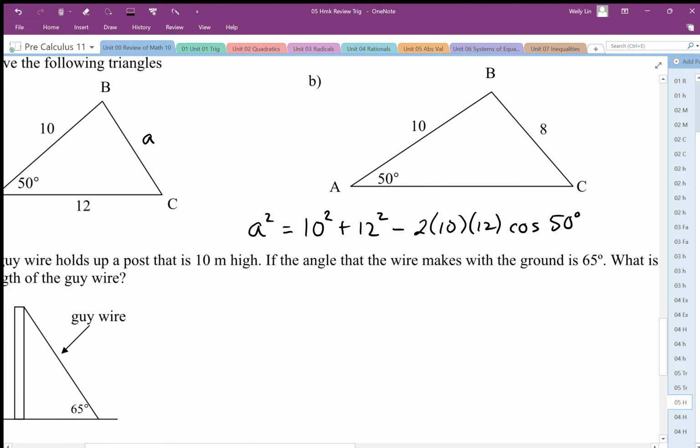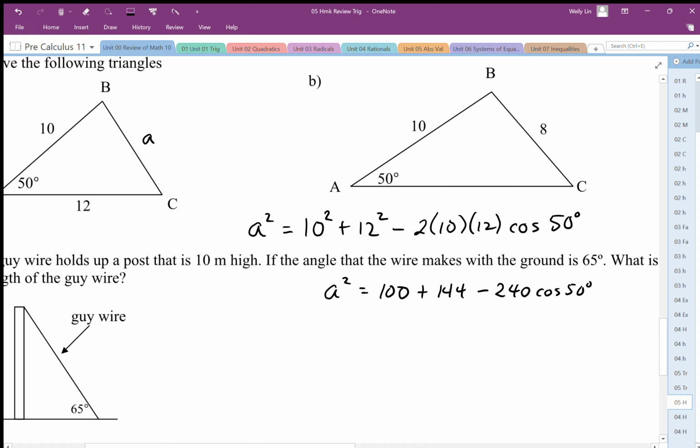And plugging this into my calculator, I get a squared is equal to 100 plus 144 minus 240 cosine of 50 degrees.